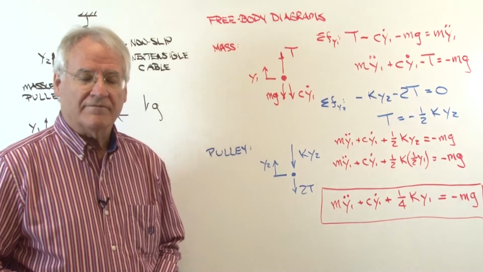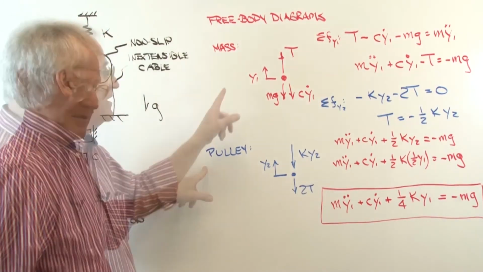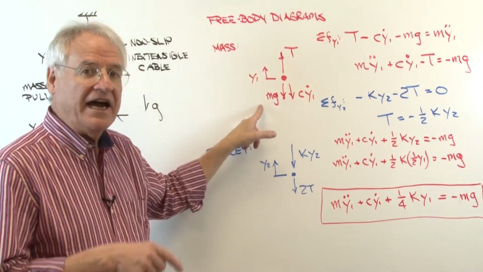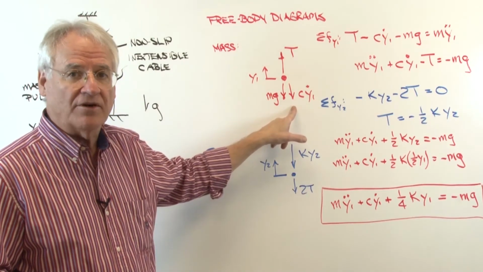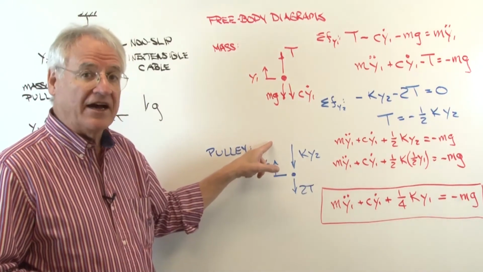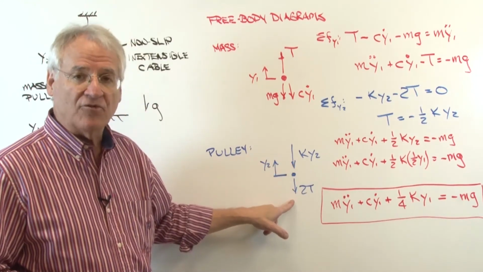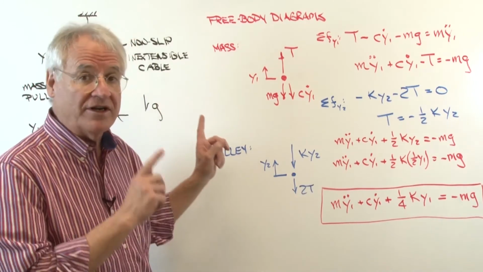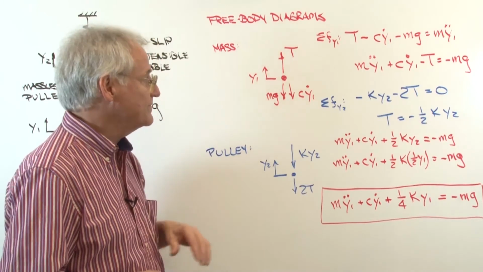So, first step, free body diagrams for the mass and the pulley. For the mass, there's an upward tension, T, and a downward weight, mg, and a downward force from the damper, C Y1 dot. For the pulley, there's a downward force from the spring, K times Y2, and a downward force of 2 times the tension, because the cable on both sides of the pulley is pulling downward.